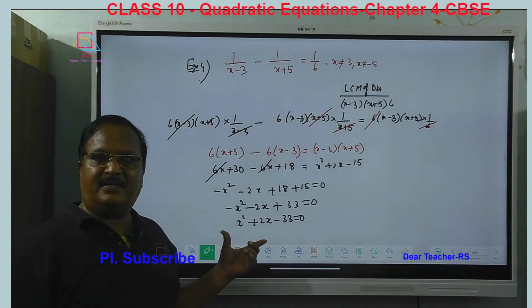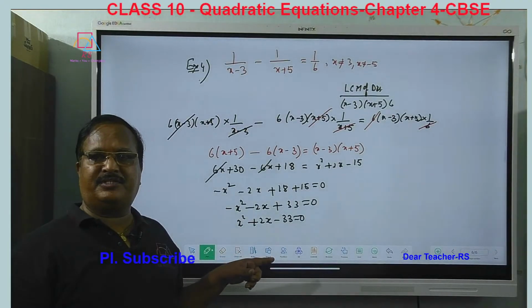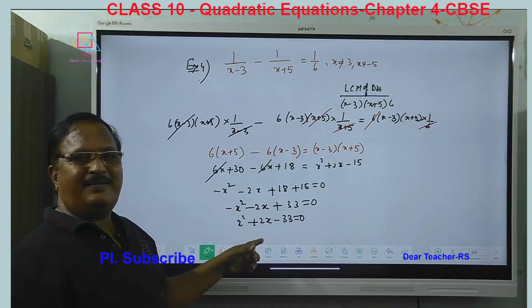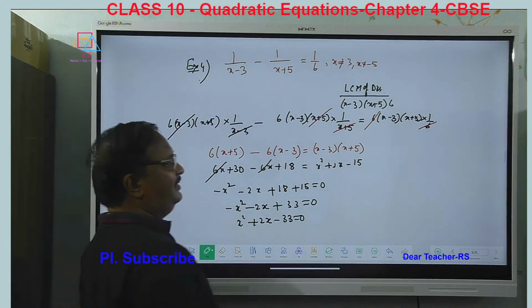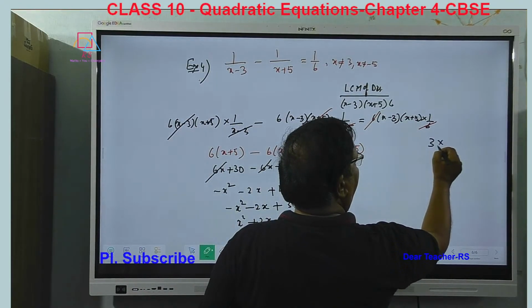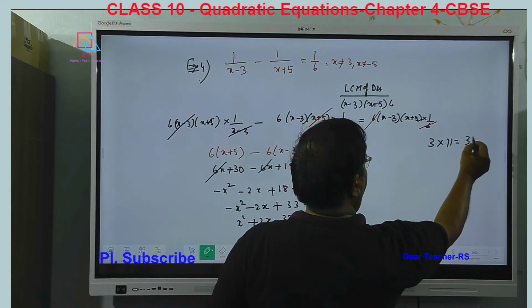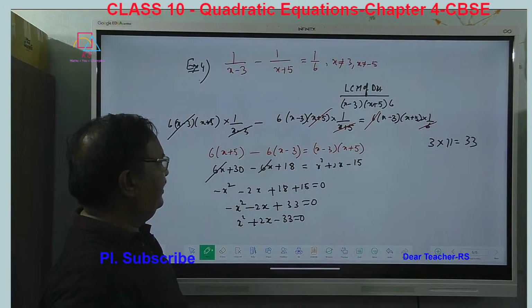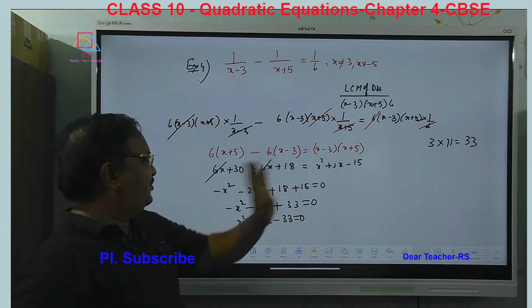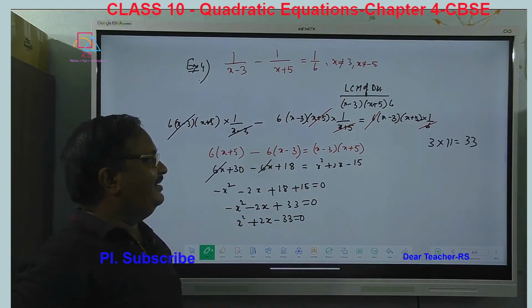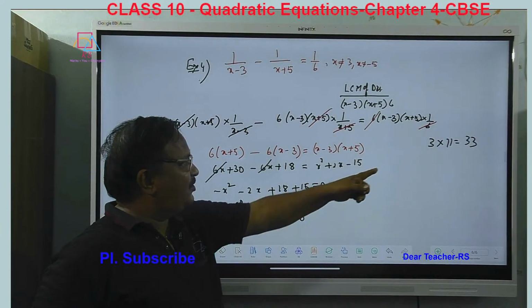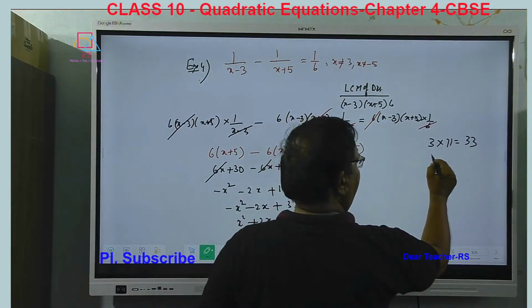Now we got a quadratic equation in the standard form. You can split the middle term and do it. So 3 into 11 is equal to 33, but 11 minus 3 is not 2. Only two pairs of factors are there, 3 into 11 and 1 into 33.